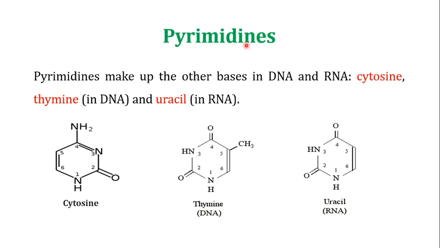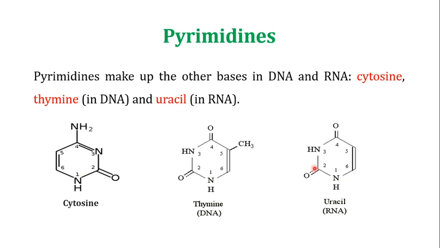The pyrimidines make up the other nucleobases, and they are cytosine, thymine, and uracil. So there are 3 nucleobases in the pyrimidines: cytosine, which is present in both the DNA and the RNA, thymine, which is only present in the DNA, and uracil, which is only present in the RNA.